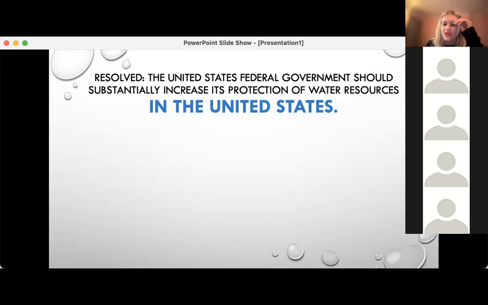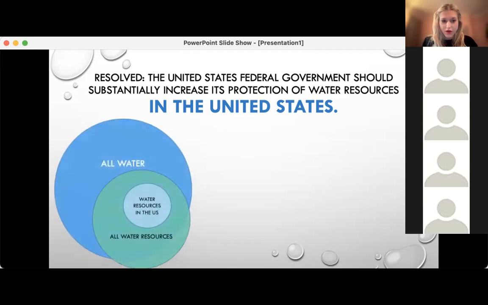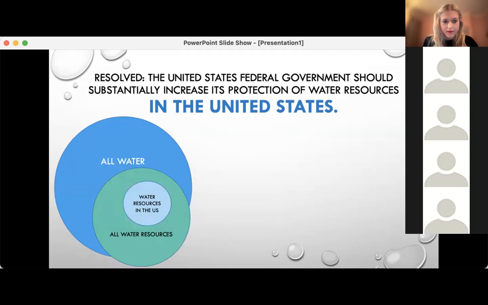But I also wanted to save this comment because whether or not this topic is about the oceans is also something that's important to talk about. So what is the waters of the United States? Going back to my original diagram, we have all water, which is not what we're debating about. We're talking specifically about water resources. But even then, we're not talking about all water resources in the world.